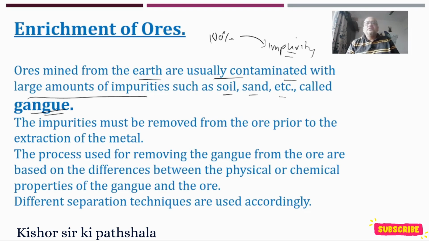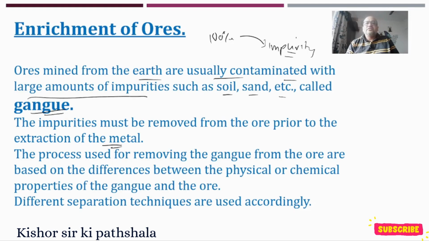It is a large amount of impurities such as soil and sand, and that is called gangue. These impurities must be removed prior to the extraction of the metal. Before we extract the metal, we need to remove this impurity.